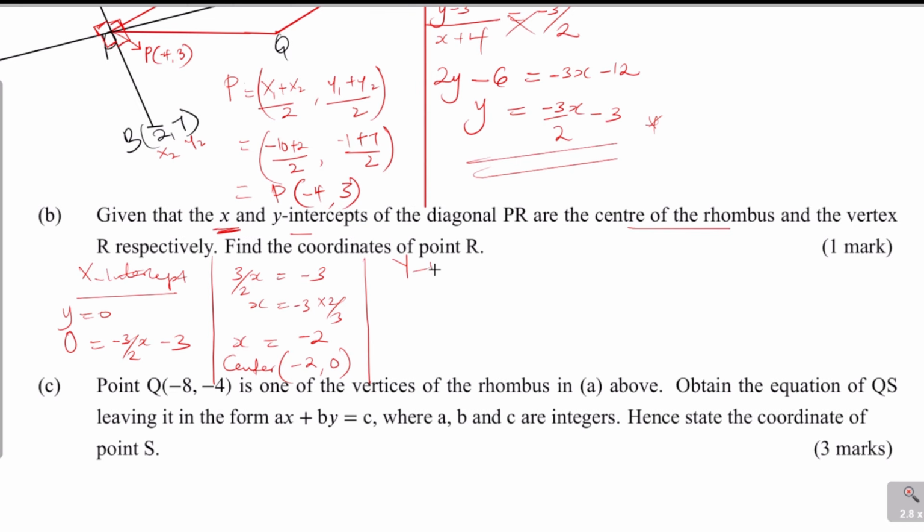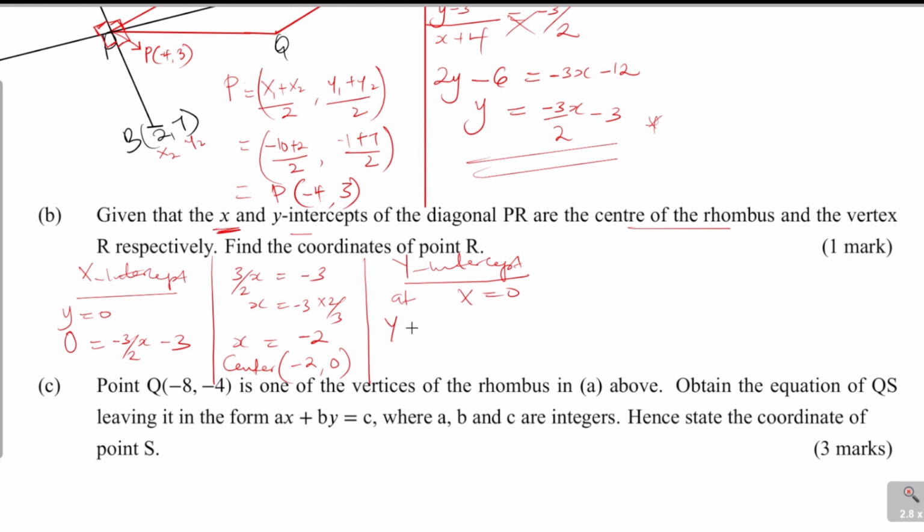Then you go to the y-intercept. The y-intercept is supposed to give us the coordinates of R. So at the y-intercept, x is 0. So simply take the equation of that diagonal PR, and substitute x with 0.